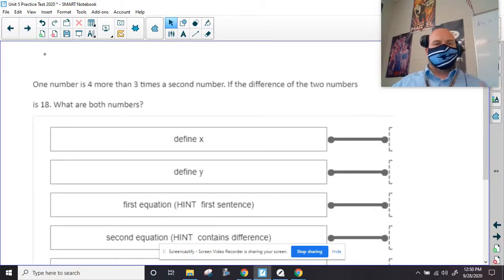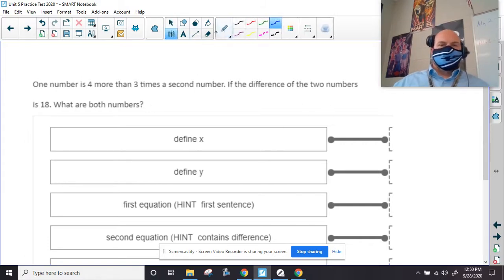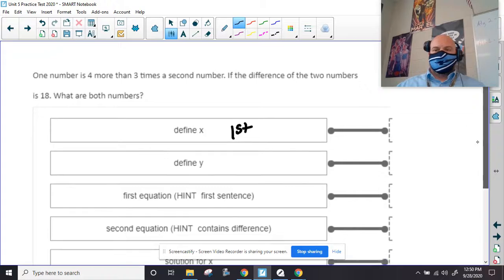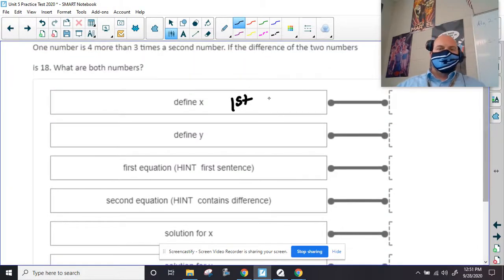All right. The word problem. One number is 4 more than 3 times the second number. The difference of two numbers is 18. Okay. Define x. It's like the first number. Okay.